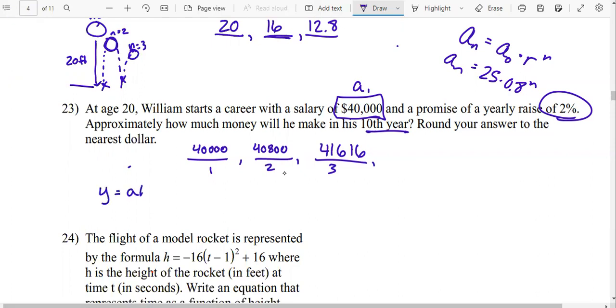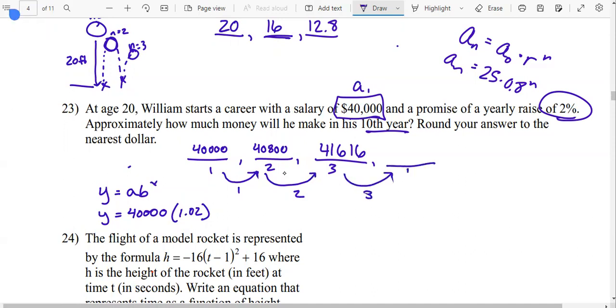You could say A times B to the X, where A would be his starting amount, B would be 1.02, and then what's the X? The X is the number of raises he gets. So this is one raise, this is his second raise. So in his fourth year, how many raises has he gotten? 3. So it's actually X minus 1 that would give us that.